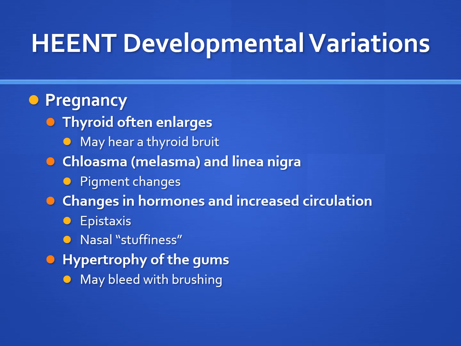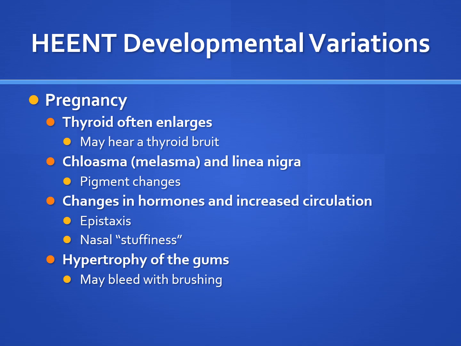We might also see skin pigment changes, like melasma. We call that the mask of pregnancy, and linea nigra on the abdomen. So these are due to normal hormonal pigment changes. Also nasal changes, hormones plus increased circulation. We see vascular congestion, which can lead to nosebleeds, nasal stuffiness.